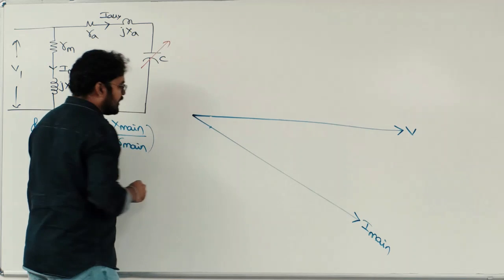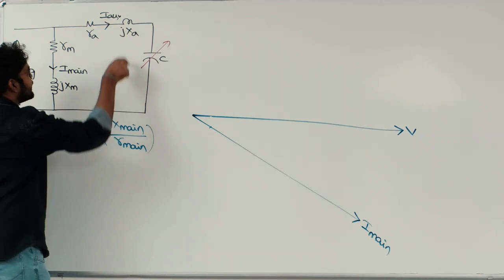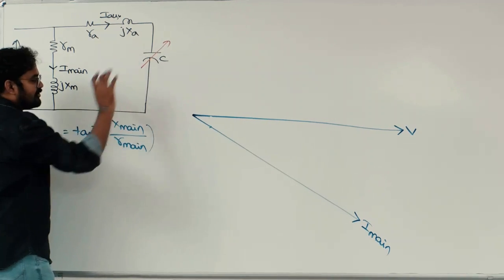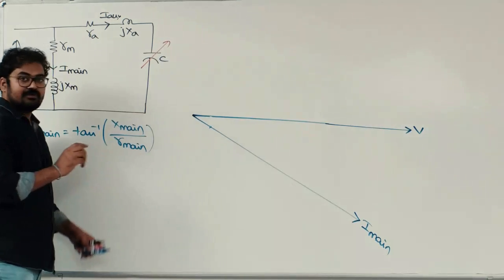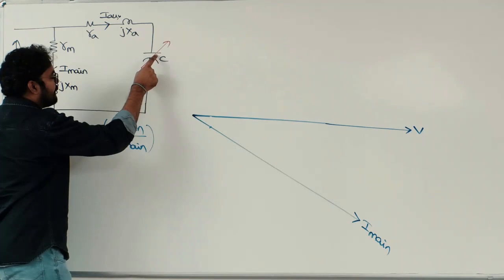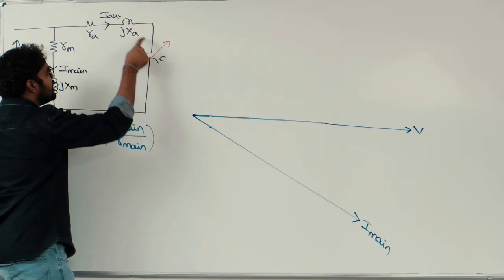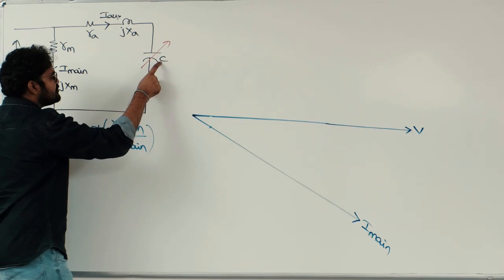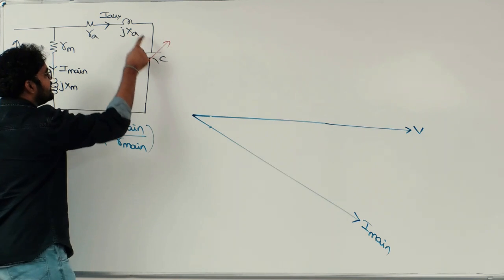Okay. Now coming to the auxiliary current, its magnitude and phase angle will depend upon this capacitor. So let us start with a capacitor value in such a way that capacitive reactance is exactly equal to inductive reactance. Tell me what happens if capacitive reactance and inductive reactance are both equal?